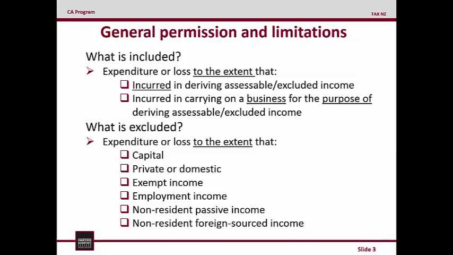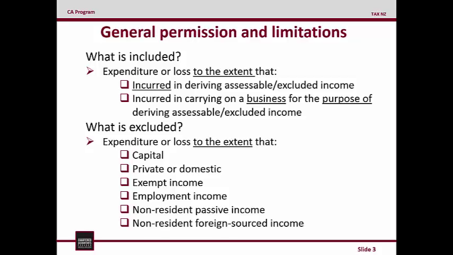The third limitation is that the expenditure cannot have been incurred in deriving exempt income, or in other words, if the income is not taxed, then the deductions incurred in earning that income are denied by this general limitation. The fourth limitation is that an employee is not able to claim any deductions incurred in deriving employment income, such as travel or parking costs, in order to perform their duties.